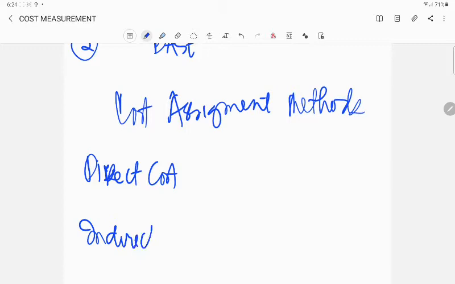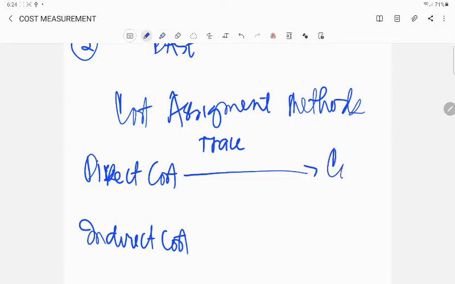Okay? How do you know that this is direct or indirect? This can be traceable. This can be traced to the cost object. Yan.